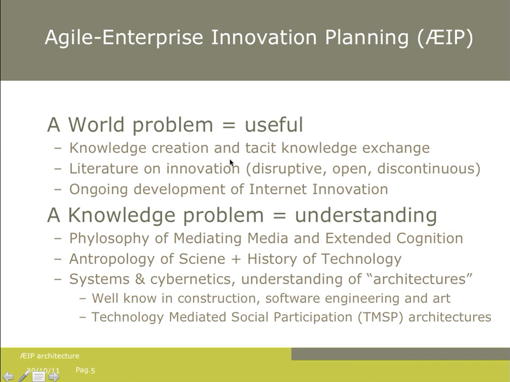There's much literature in innovation trying to express how to make our knowledge useful, like disruptive innovation, open innovation. There is a whole discussion about the discontinuous knowledge which you need to compete for future markets. So there's all kinds of literature in innovation we can use.